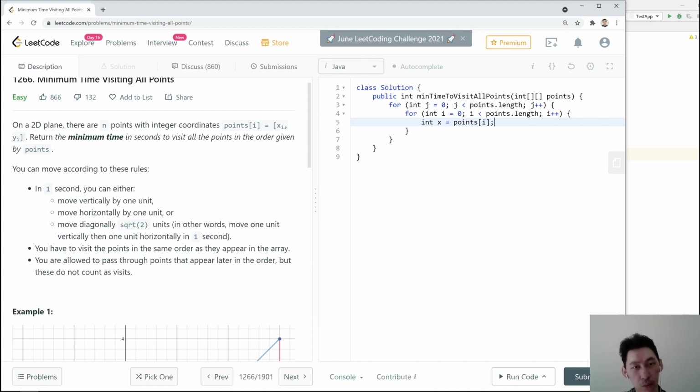Wait, what? (2D) plane. There are n points with integer coordinates. An element of this is, but that's a two-dimensional array, so you access it by two indices, which gives you a single value.